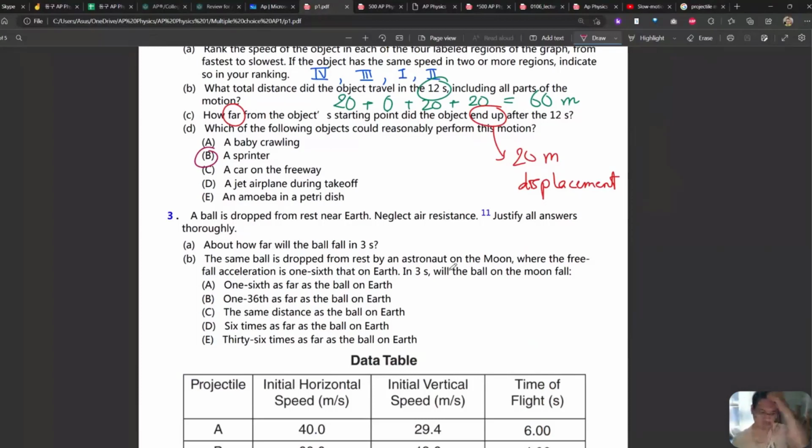Question 3. A ball is dropped from rest near Earth. Neglect air resistance. Justify all answers roughly. About how far will the ball fall in 3 seconds?